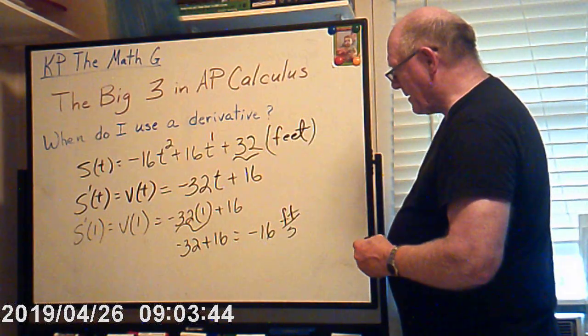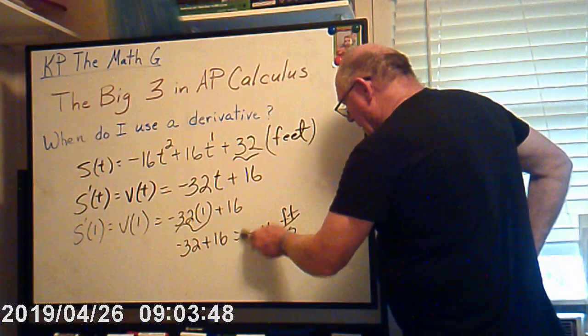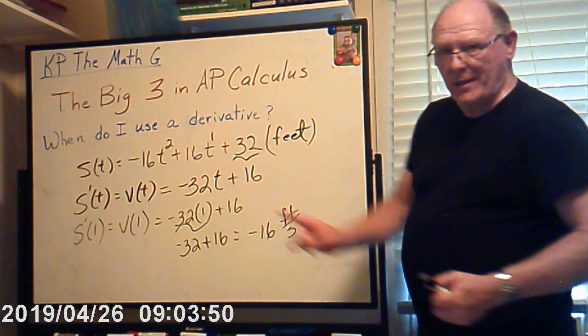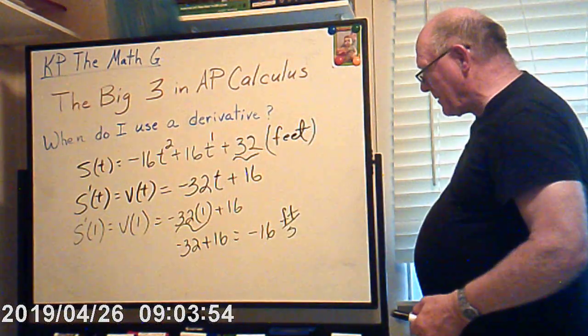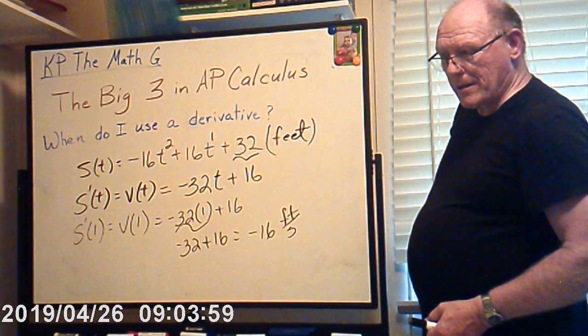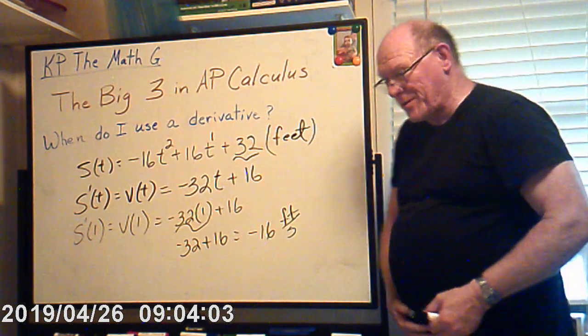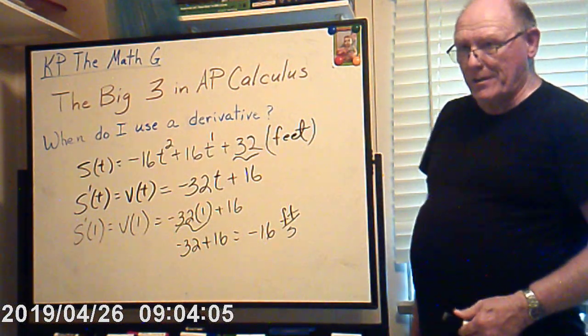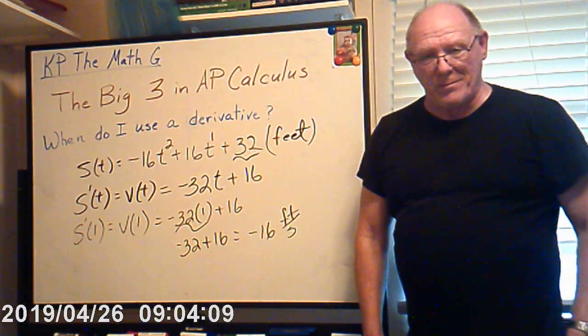This means that the particle is moving left. If it were positive, the particle is moving right. I don't know if I could back up 16 feet per second. I'm not so sure I can even run 16 feet per second, let alone back up 16 feet per second.